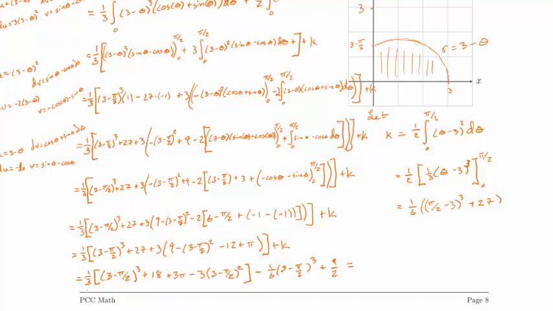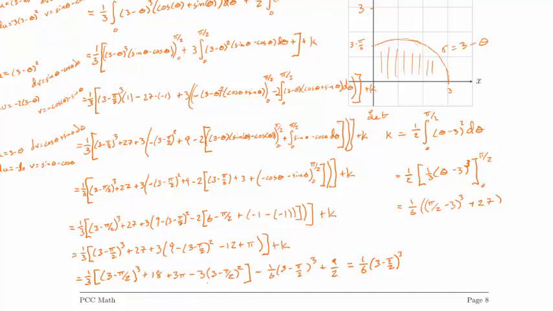I'm doing that because now I can do 1/3 times (3 - π/2)³ minus 1/6 of (3 - π/2)³ becomes 1/6 times (3 - π/2)³. Actually, I want to do the constant last.